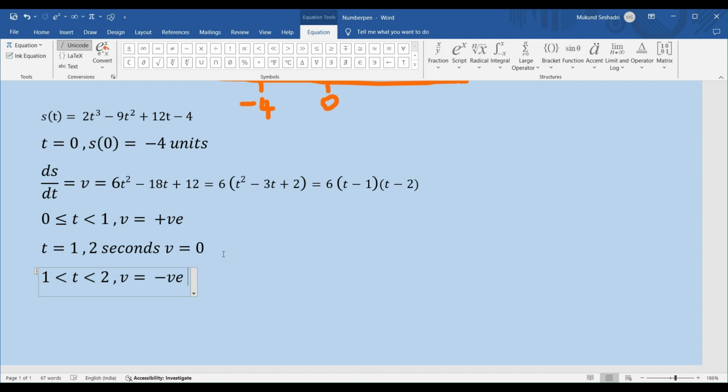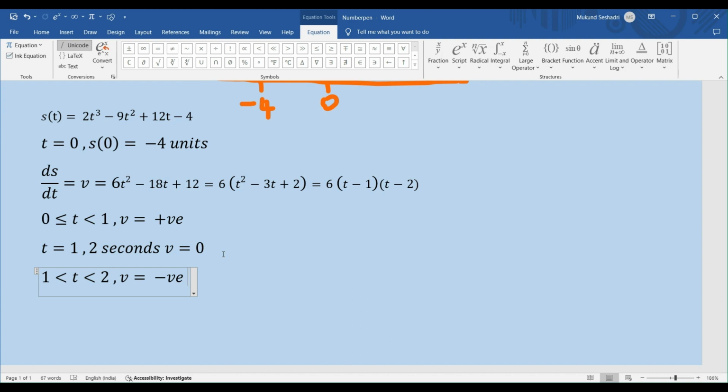And in fact, you can substitute t equals 0 to see what is the particle's instantaneous velocity. You will get 6 times minus 1 into minus 2, because your t equals 0, which means that your velocity is 12. And the particle continues traveling with a positive velocity until t less than 1, and at t equals 1 it stops, right?